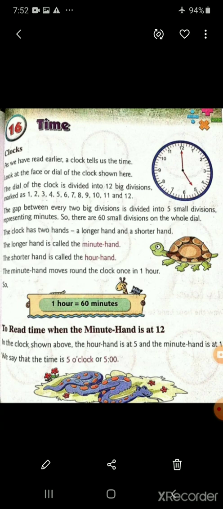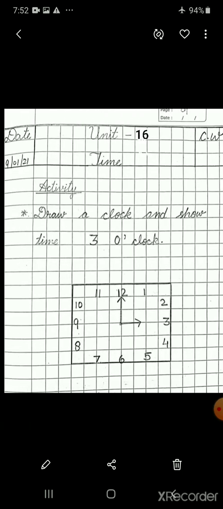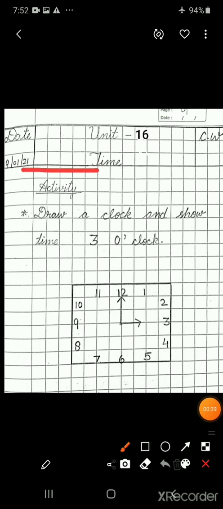You can see here the view of this chapter. For copy work, you have to make a two-line heading. For this you will draw two straight lines with the help of a scale, like this.